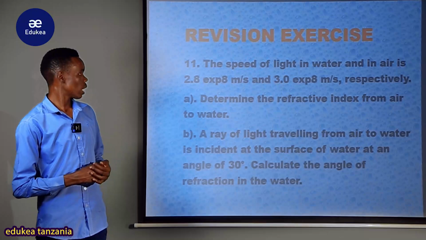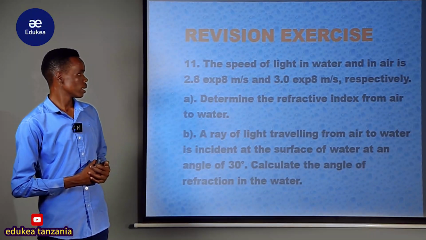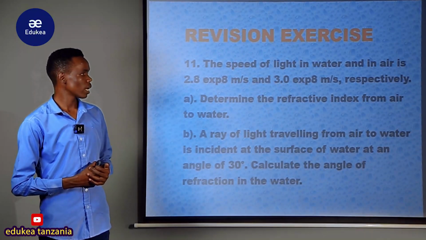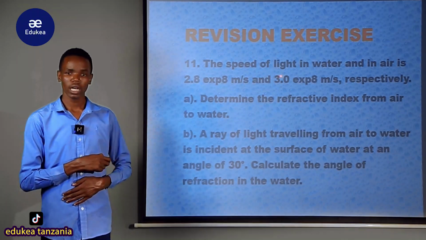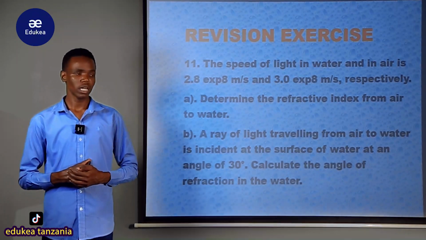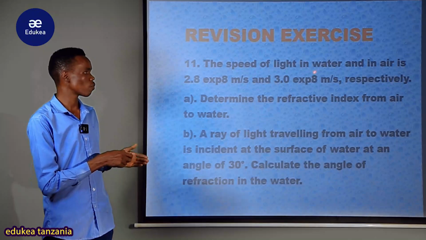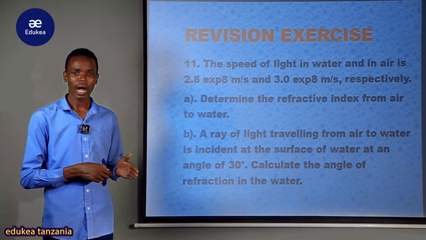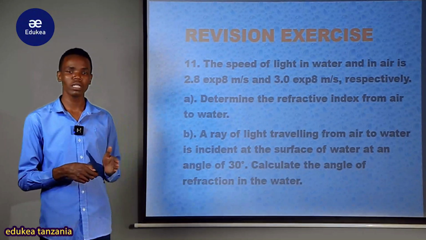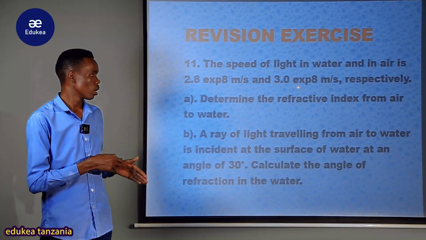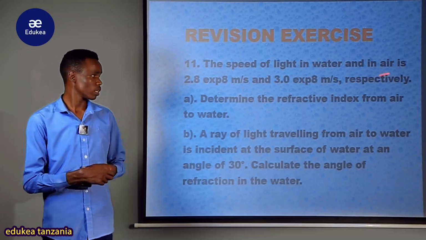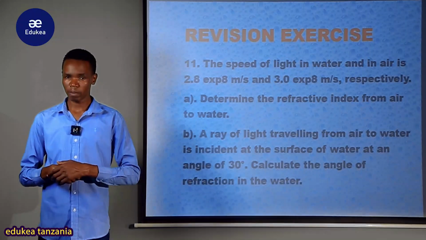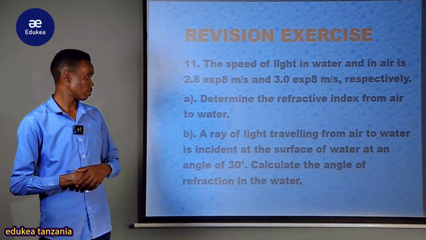Now, as you see here, our question says that the speed of light in water is 2.8 × 10^8 meters per second, and the speed of light in air is equal to 3.0 × 10^8 meters per second respectively.